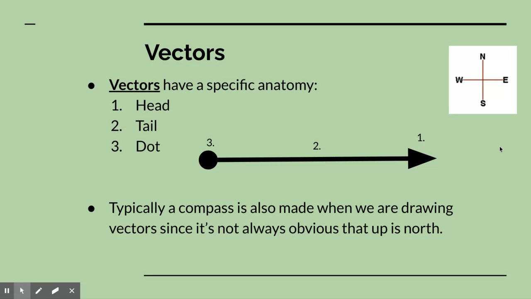Typically a compass is also made when you are drawing vectors, since it's not always obvious that up is north. On top of that, it not only helps a reader, but it helps you.